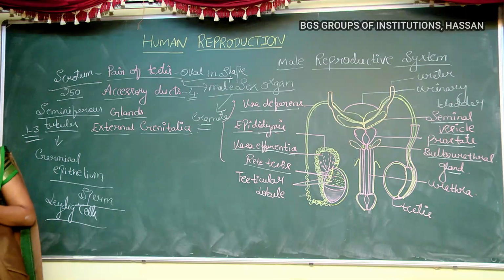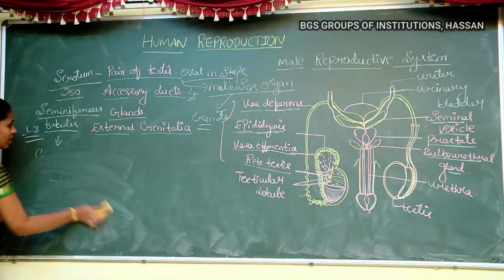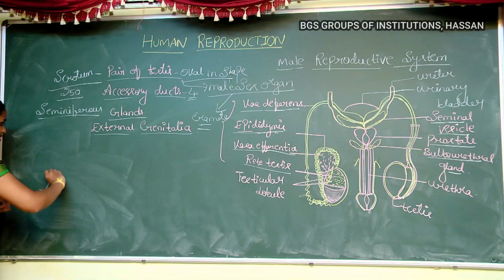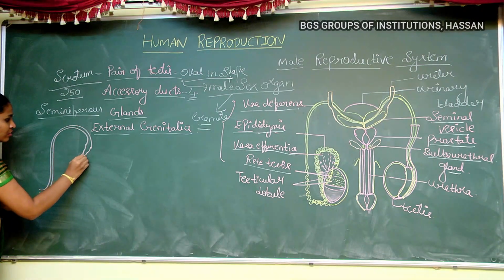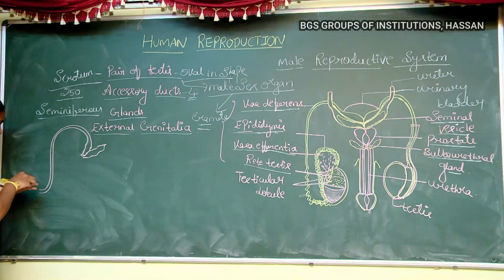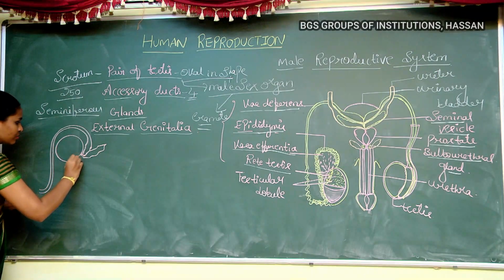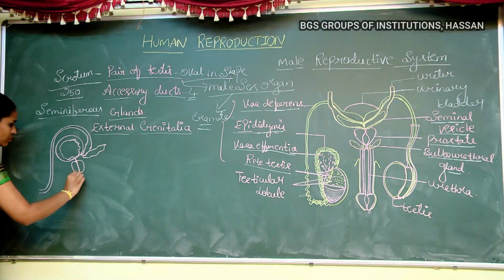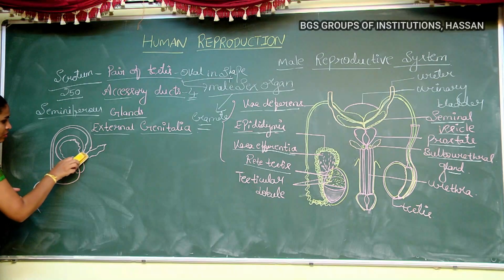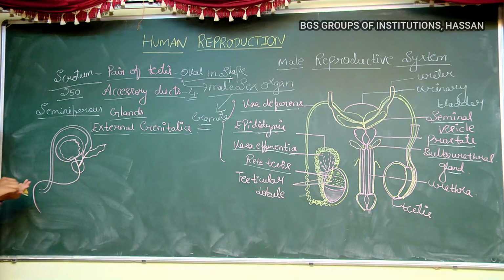Let us see the position of ejaculatory duct. This is the vas deferens. You can compare these 2 diagrams.